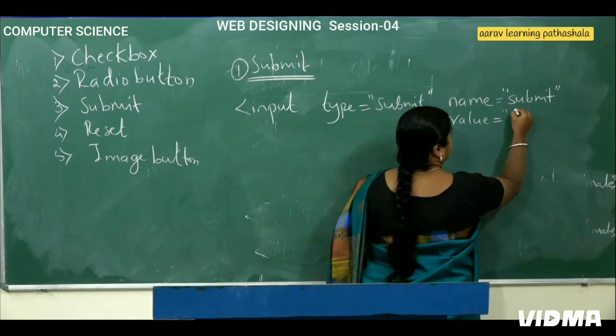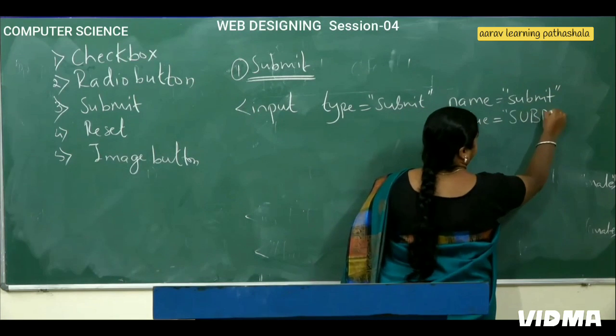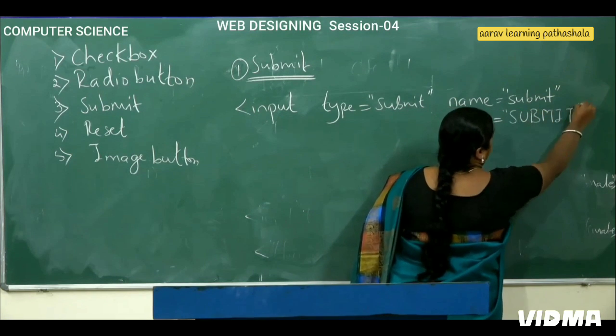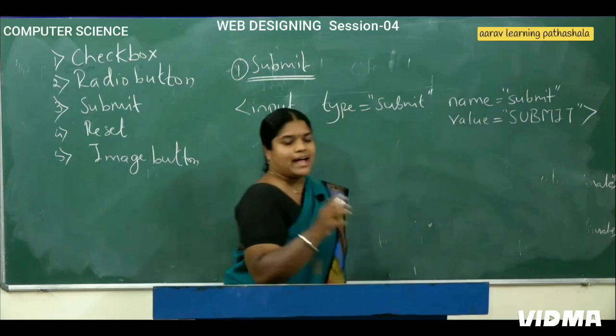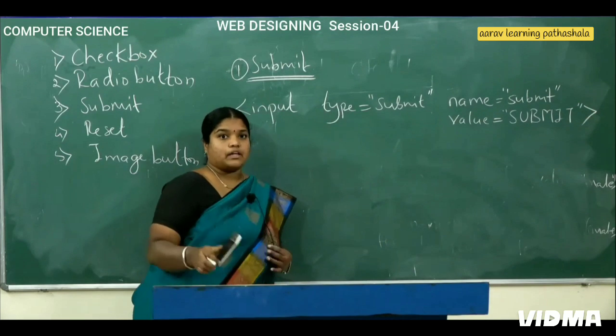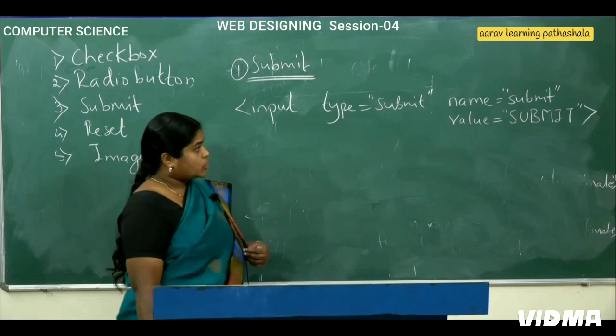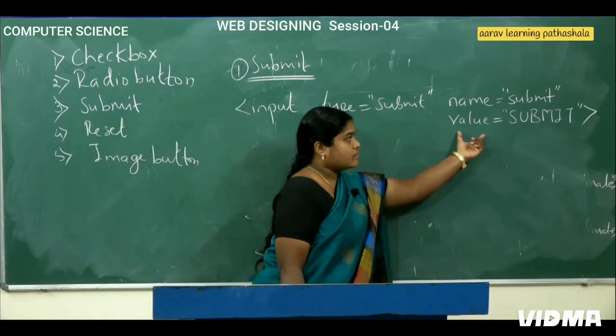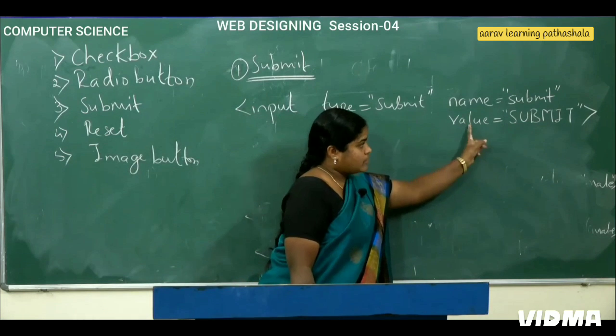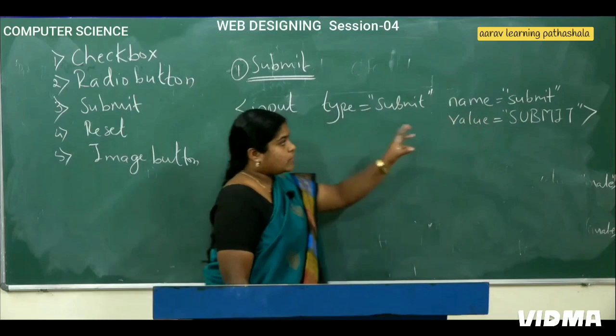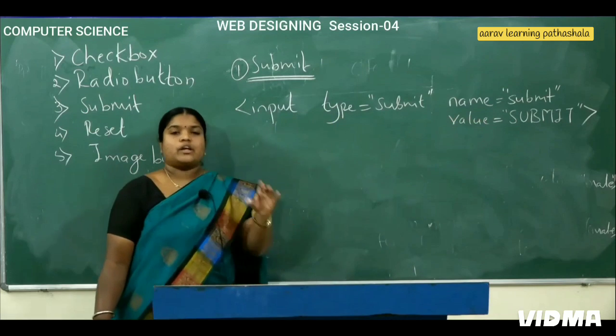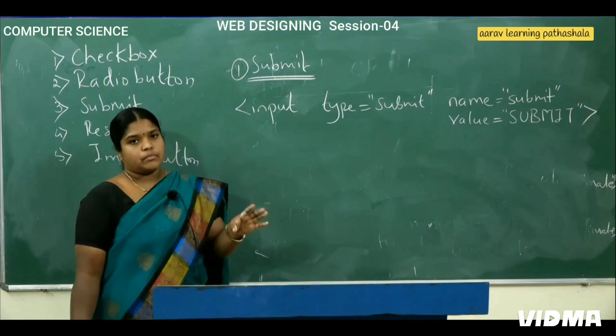Value is equal to SUBMIT, we will give it in caps. And why is that so? Because as it is a button, on the button the text will appear. So whatever we mention here in the value attribute, value is equal to submit, that particular text will appear on the button.